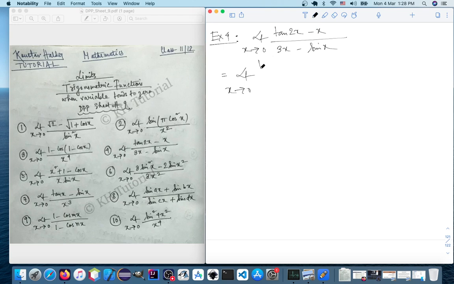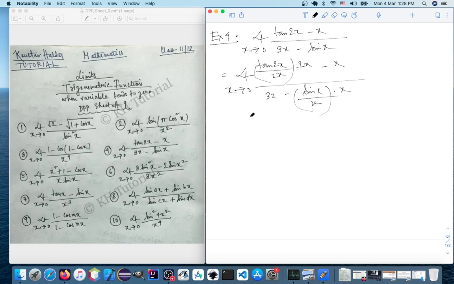So we write tan 2x by 2x, adjusted with 2x, and also sin x by x. Now we have x as common from the numerator as well as the denominator.